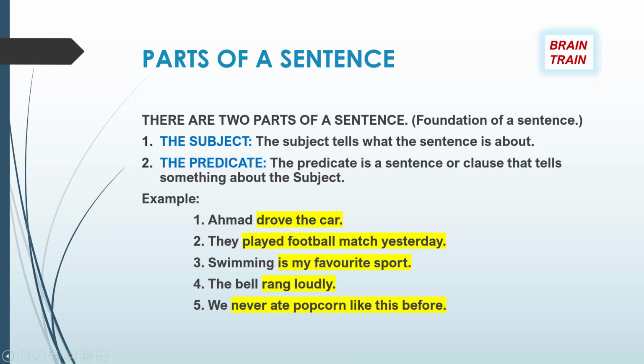One more thing which I want to tell कि subject यानी जिसके बारे में बात की जा रही है सेंटेंस में सिर्फ वो पार्ट होता है और predicate it includes the verb हमेशा predicate में आता है, remember that.